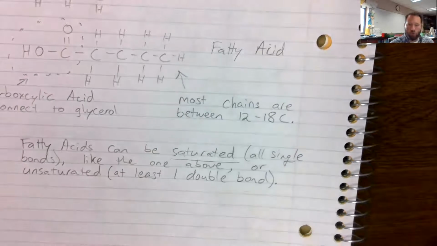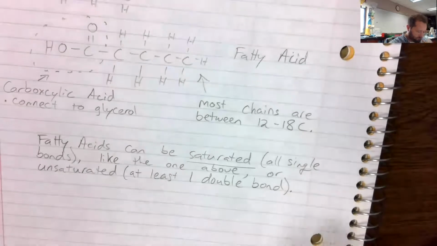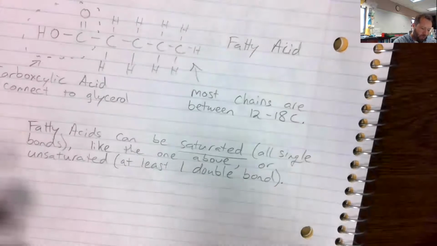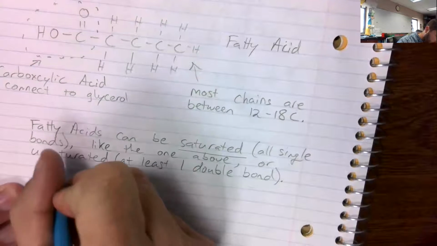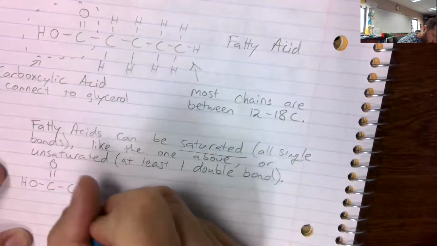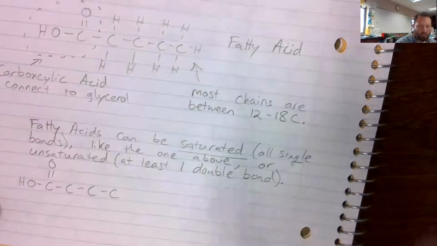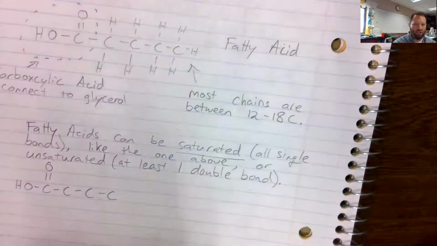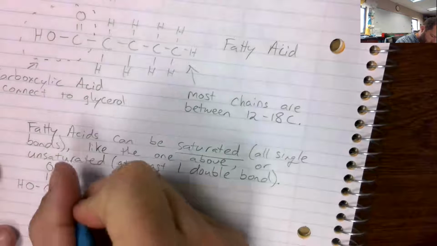Now that's going to be a really, really important concept. And I'll show you why, or attempt to show you why. So my next fatty acid, now don't draw this yet. You sit tight, you watch for a second. I'll tell you when to draw. You may have to pause the video, but hang on just for a minute here.